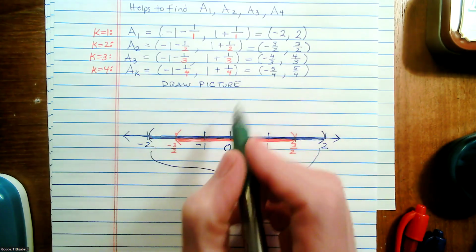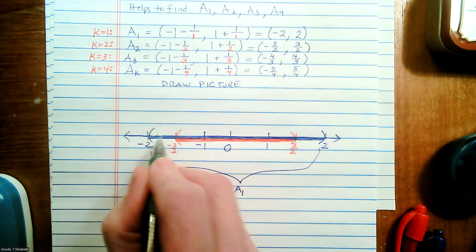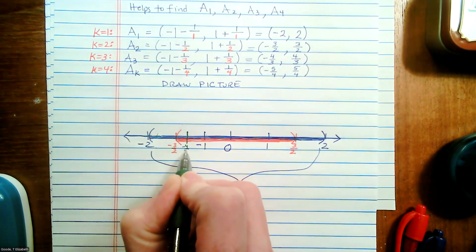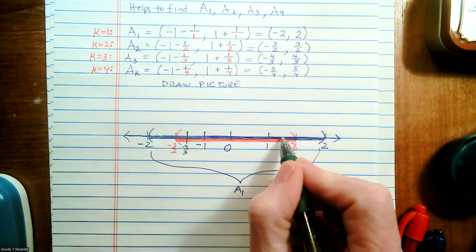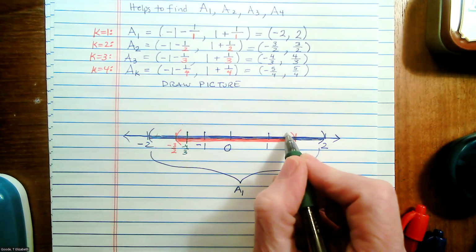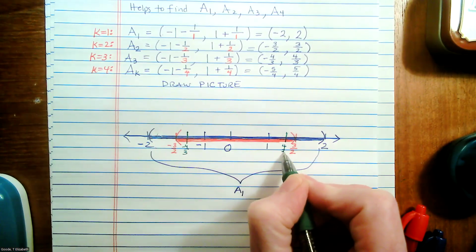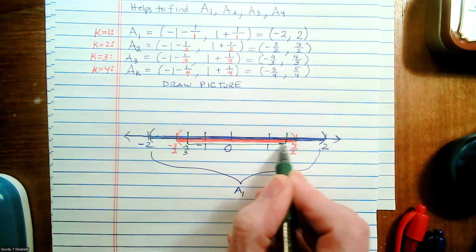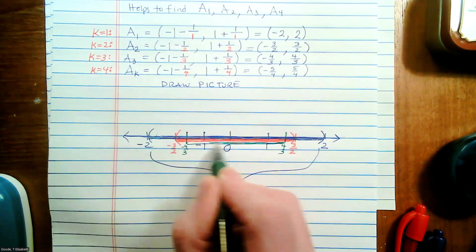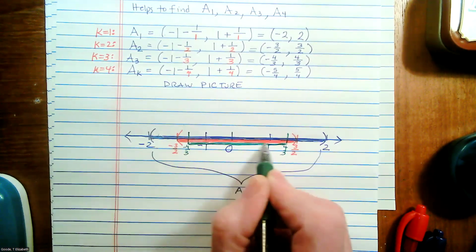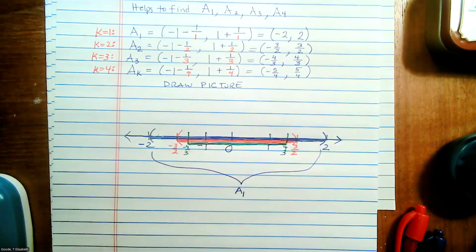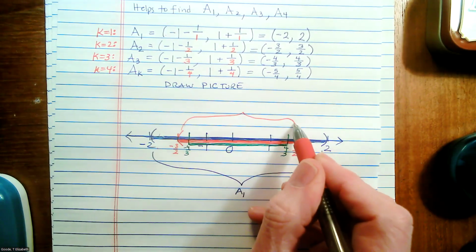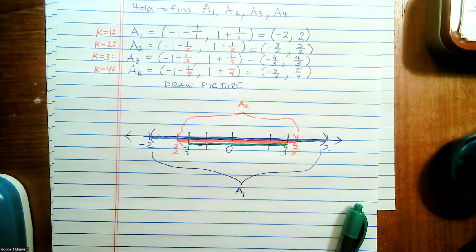So A3 goes from -4/3. So I have to kind of split this into thirds. So here's -4/3, and I'm splitting this into thirds, and +4/3. And so it's sitting right in here. This was A2.